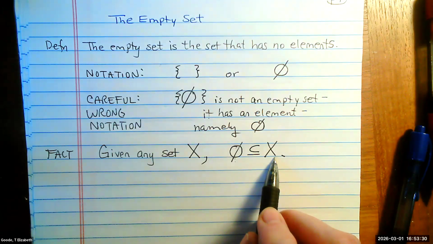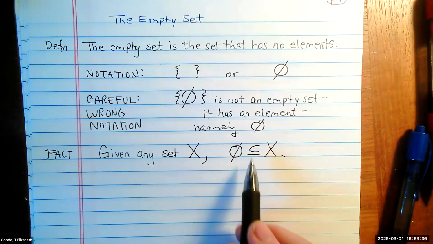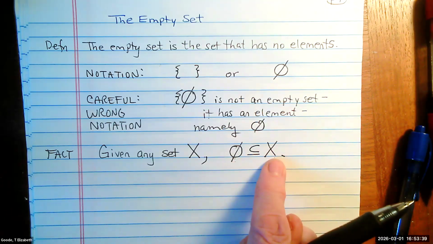X is called the superset. Well, there aren't any elements to check. So that relationship is true by false hypothesis.